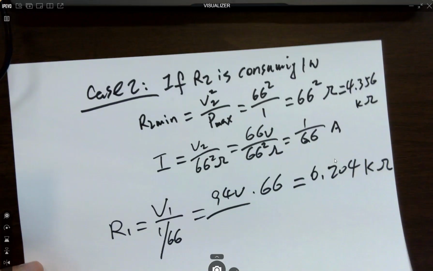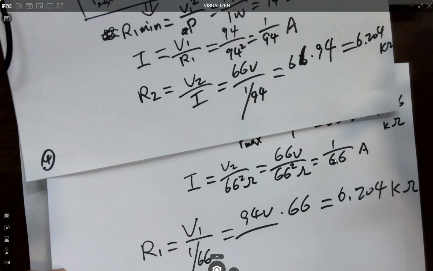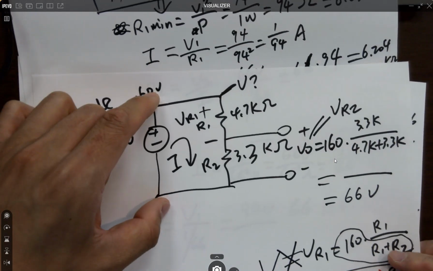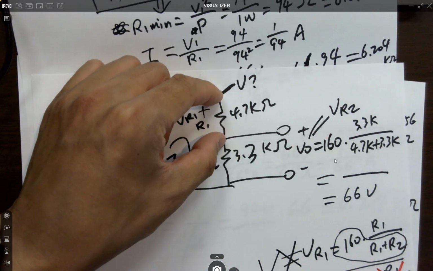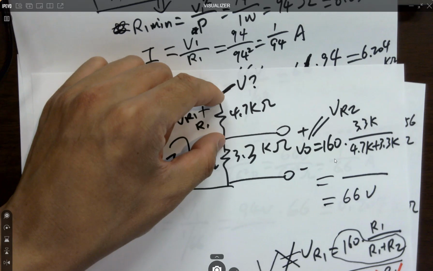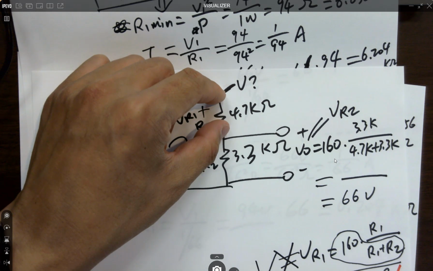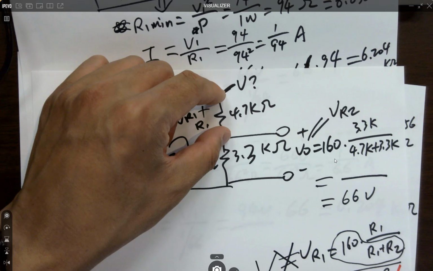Okay, now let's compare and see which one makes more sense. Because it's a voltage divider circuit, the one that has the higher voltage must have a higher resistor, right? Is that correct? A higher resistor drops more voltage. If it has a higher voltage drop, the resistance must be higher.